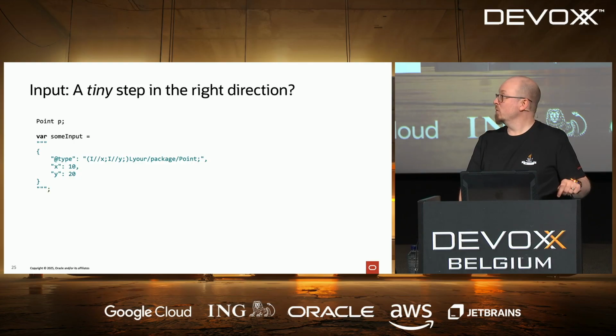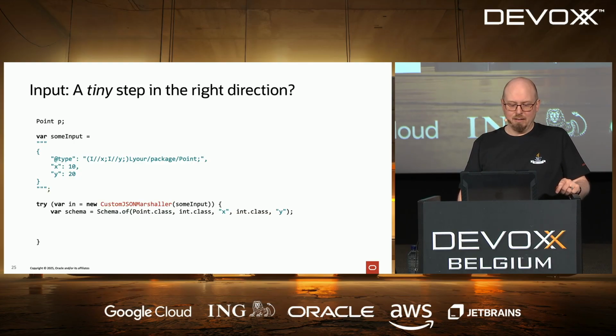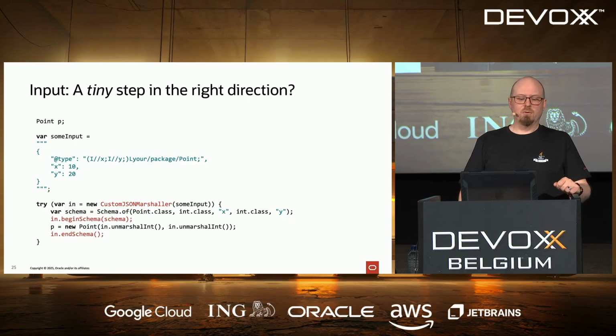And on the other side, of course, if we have this payload and we want to unmarshal it manually, then we would essentially say that, oh, now we need a custom JSON unmarshaller. There's a typo. Nice to find that now. And we would just essentially do this in reverse, right? We would still have to say, okay, what are we expecting in terms of schema?